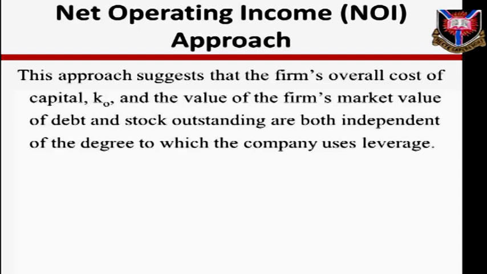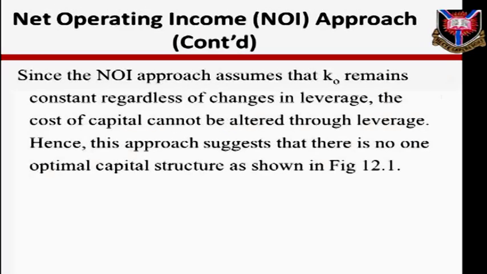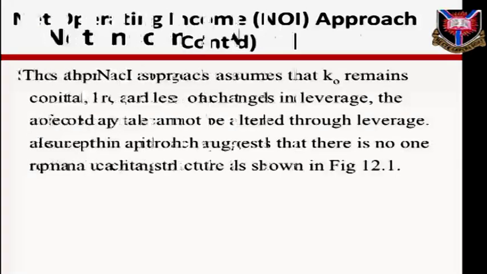The key specific assumption with this approach is that K0 is constant regardless of the degree of leverage. Since the net operating income approach assumes that K0 remains constant regardless of the changes in leverage, the cost of capital cannot be altered through leverage. Hence, this approach suggests that there is no one optimal capital structure, as shown in figure 12.1.